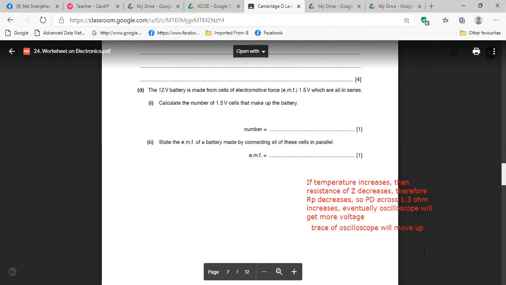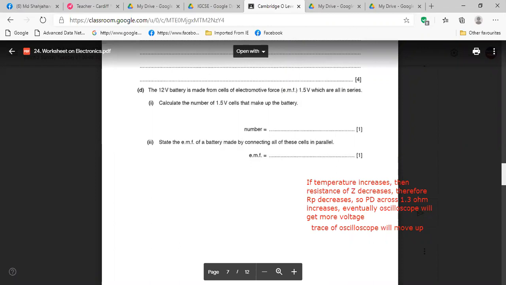So if they are connected in parallel, what will happen? If you are connecting the cells in parallel, it will be as it is, right? I think you learned it in current electricity, DC circuit. No sir, I think I did not get it.